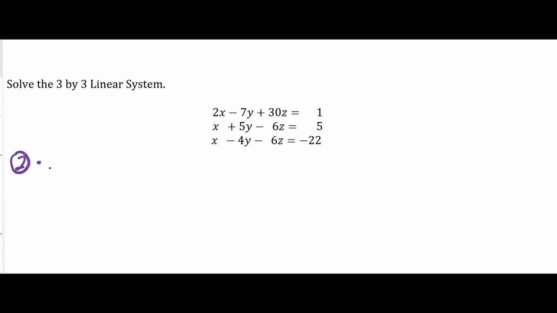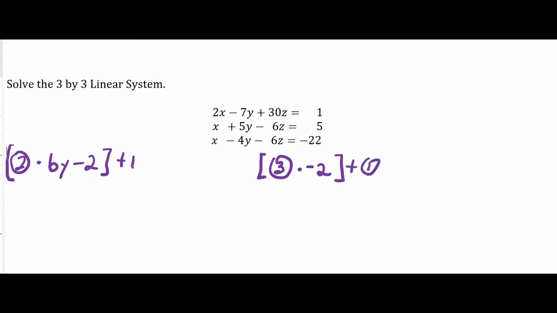So I'm multiplying equation 2 by -2, and then I'm adding equation 1. This is my own notation here. That's going to get x's to cancel. We'll take equation 3 by -2 as well, and add equation 1 to that. So let's see here. Somehow that erased that.